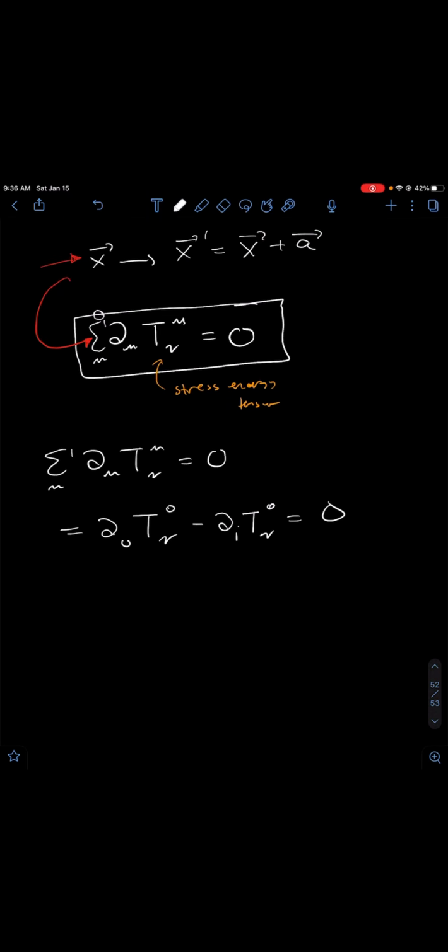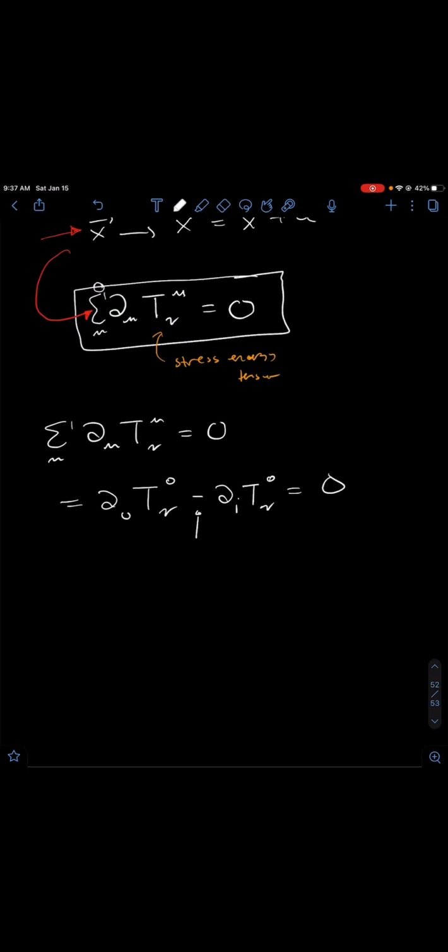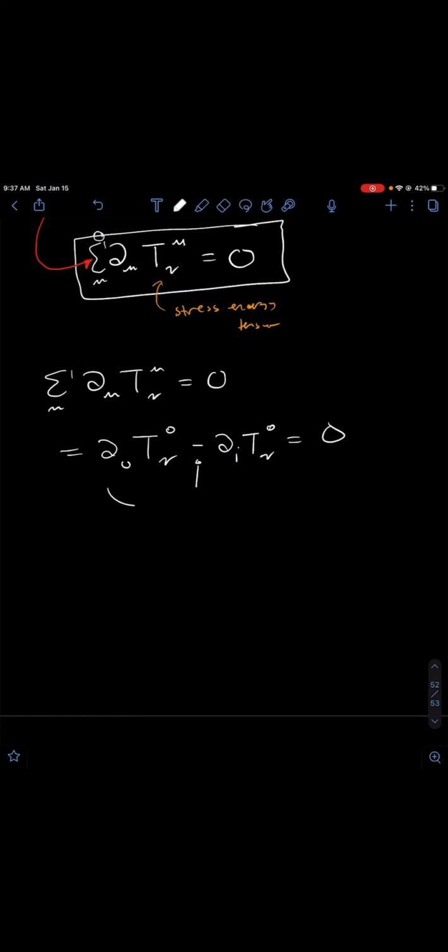By the way, technically speaking, there's a minus here because our metric signature is negative along the diagonal, except for the first entry, the first time entry. So we have this equation over here. That's all we did: we just expanded our continuity equation.